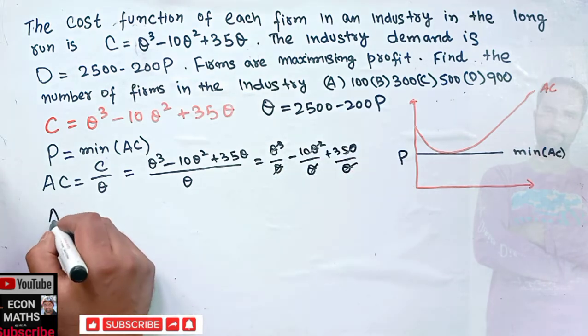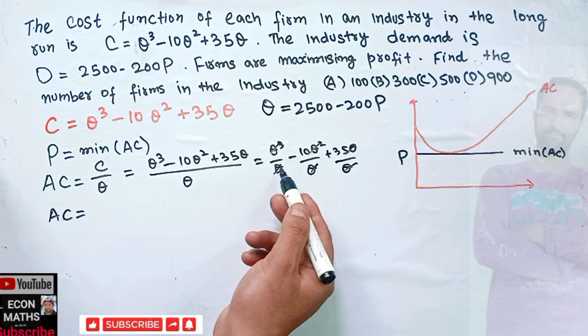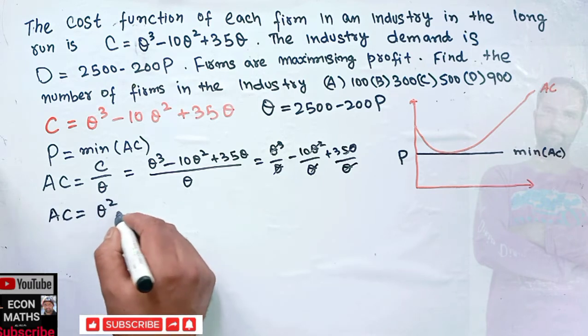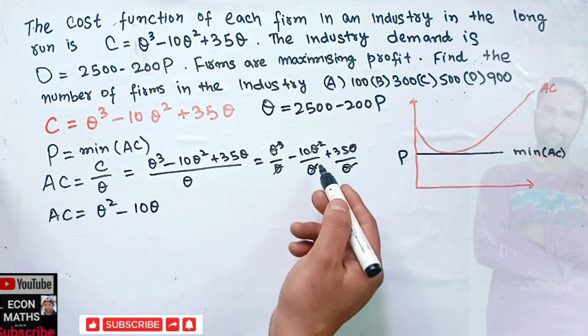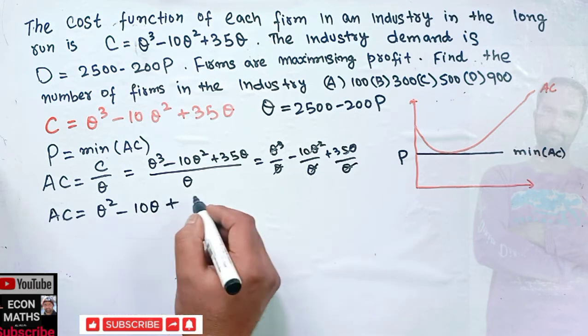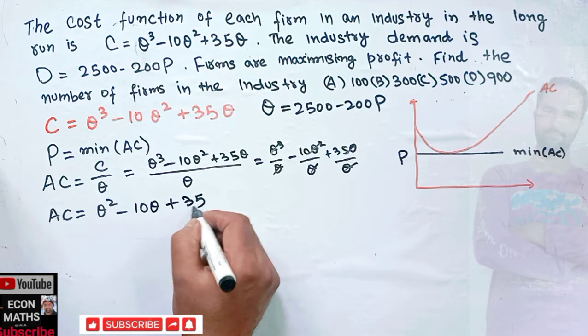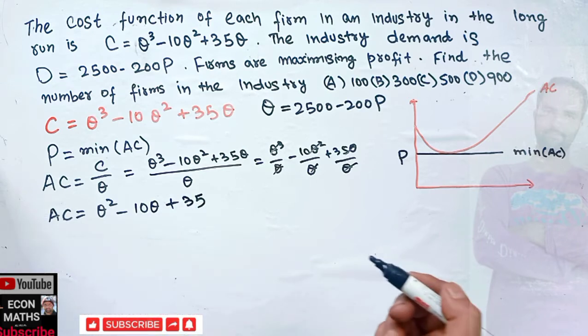We are left with average cost equal to Q^2 - 10Q + 35. This is our average cost.